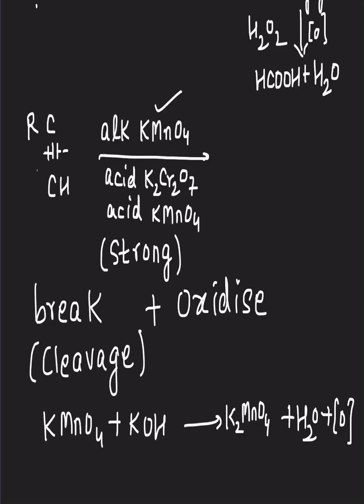So if you understand the reaction of KMnO4 with an alkali, it gets converted into K2MnO4, water and nascent oxygen. So ultimately what is happening over here is, in this reaction it is H2O and nascent oxygen which is taking part. So oxygen and O, we'll have oxygen over here, right? Oxygen and oxygen, but there is water also. So what will happen?